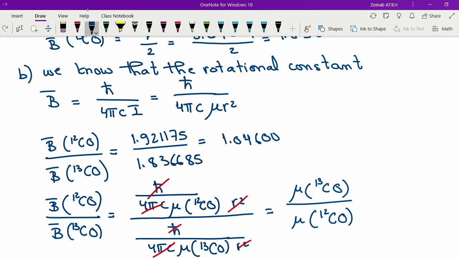Mu is the reduced mass. So what's the definition of the reduced mass? The definition of the reduced mass is equal to the multiplication of the masses over the sum of the masses, for sure, if we are talking about a diatomic molecule.